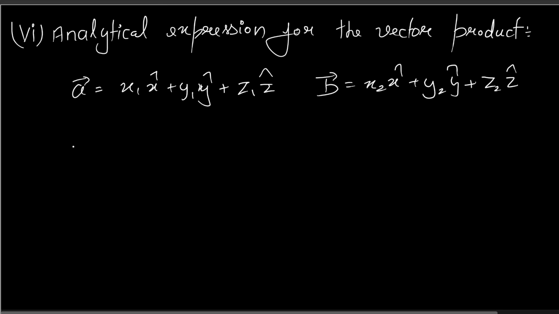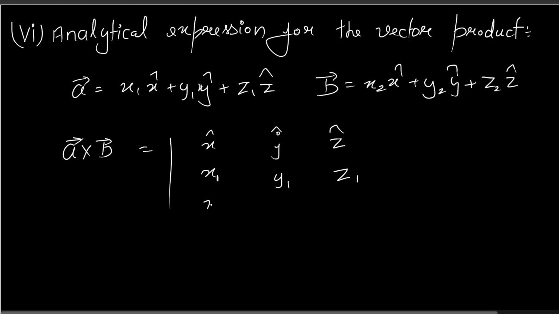Then if you are finding the a cross b vector, you have to take x cap, y cap and z cap in the first row, then the coefficients x1 y1 z1 of the a vector, and similarly x2 y2 z2, coefficients of the b vector.